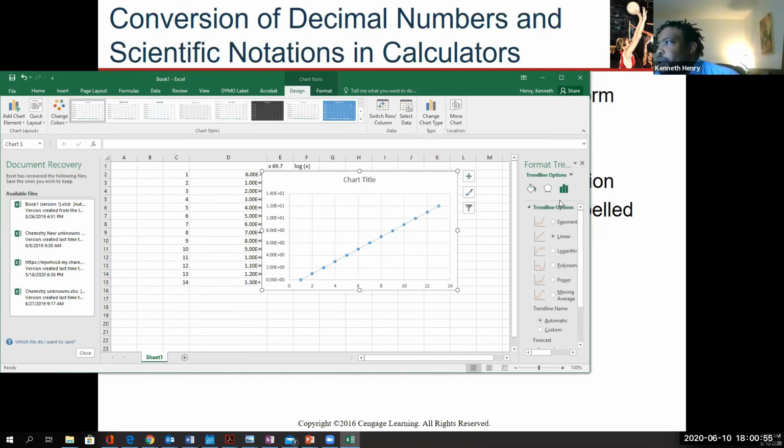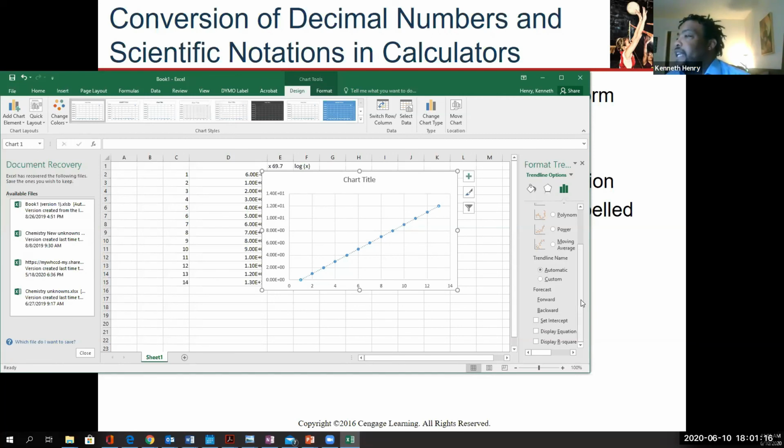Okay, in the format pane, just showing you your graph, I have the option of making it a linear line, an exponential line, or a logarithmic line, but you typically want to figure out the one that fits it best. So in most cases, it's going to be linear for what you guys are going to be doing.